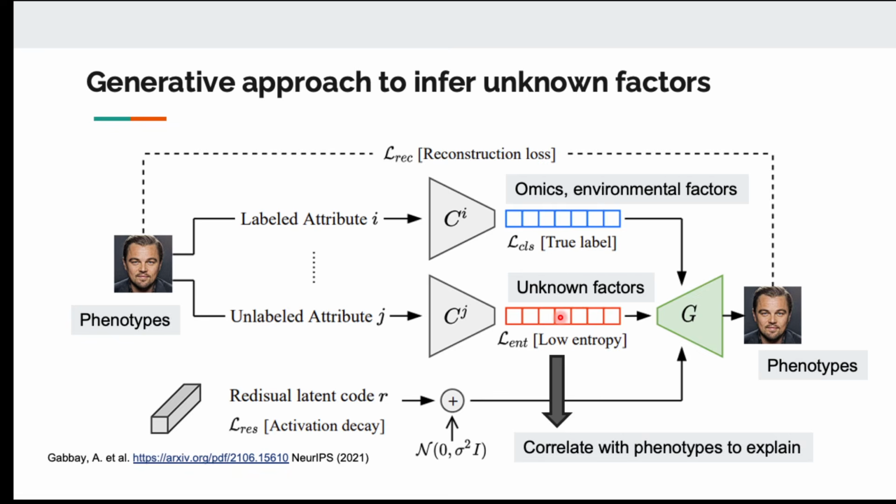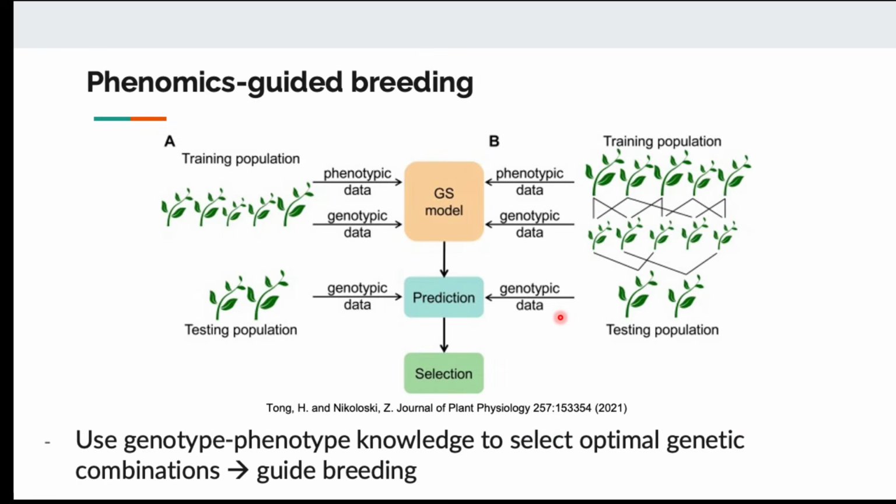Knowing all this, what we hope to be able to do, once we have phenomics data, is complement that with systems biology. So we understand how genotype and other molecular information explain the phenotype.